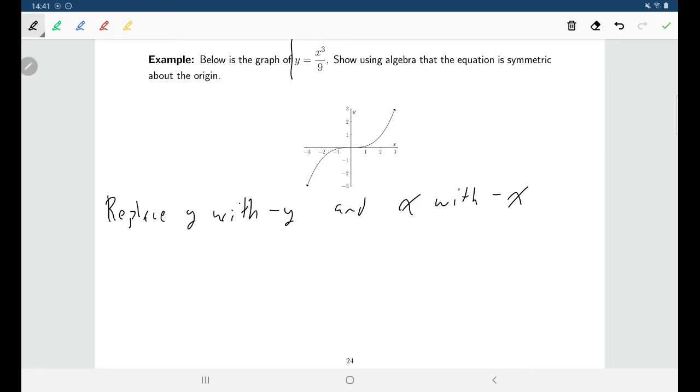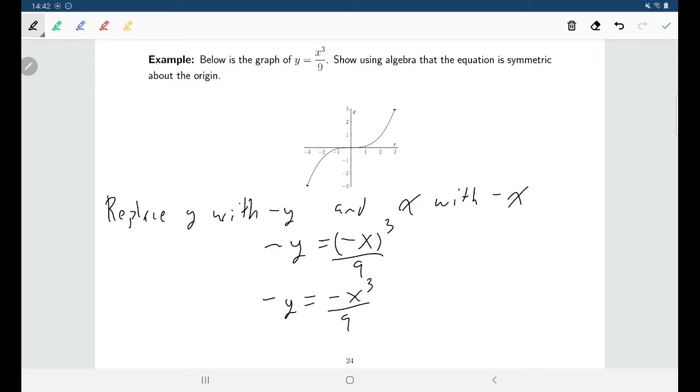So for the original equation, I'm going to replace the y with negative y and the x with negative x, and that would give me a negative y on the left side, and on the right side, negative x cubed over 9. Now, negative x, when you cube it, that's negative x times negative x times negative x. That would be negative x cubed.